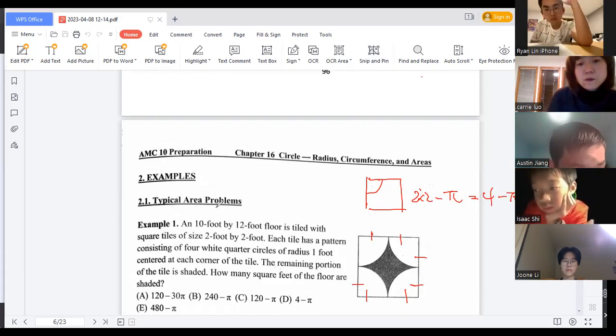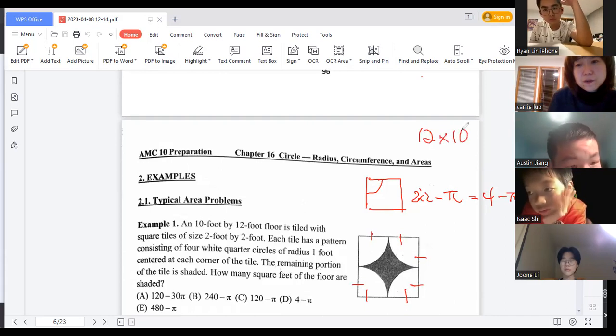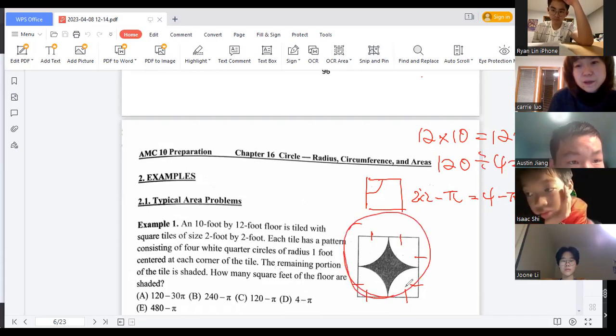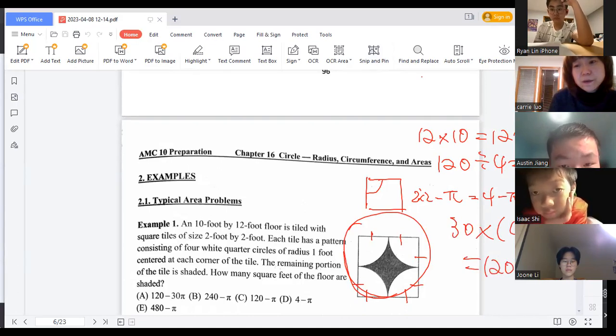And the whole floor is 12 times 10, so it's 120. So 120 divided by 4 equals 30, there are 30 tiles altogether. So 30 times (4 minus pi) equals 120 minus 30 pi. That is the answer.